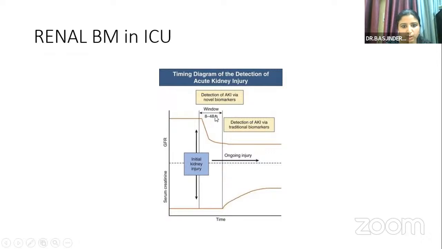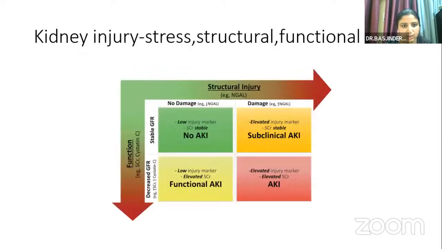a window period of 8 to 48 hours when there is a need for some novel biomarker that can detect AKI as compared to traditional biomarkers like creatinine. So this is the point where we need to give stress, so that we can diagnose early and do early interventions to stop the further progression of acute kidney injury to acute kidney disease and acute kidney disease to CKD.